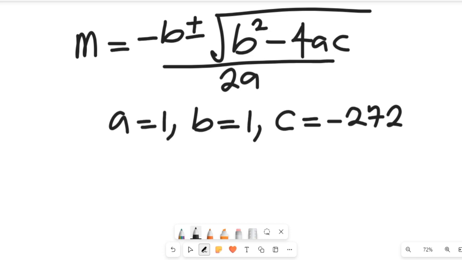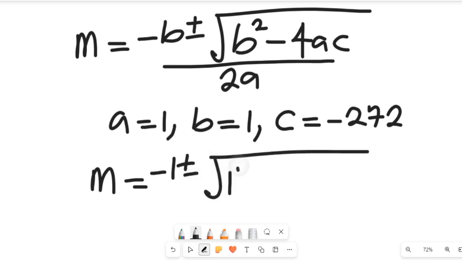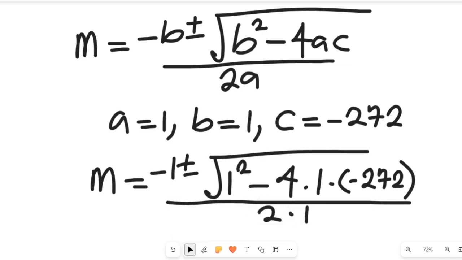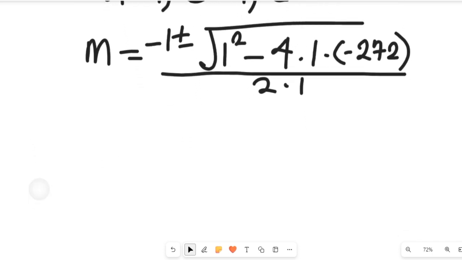If we substitute that, we'll have m equal to negative 1 plus or minus the square root of 1 squared minus 4 multiplied by 1 multiplied by negative 272, and all these will be divided by 2 multiplied by 1. Great. Now, let's simplify this. As we simplify this, you're going to see the result coming out.